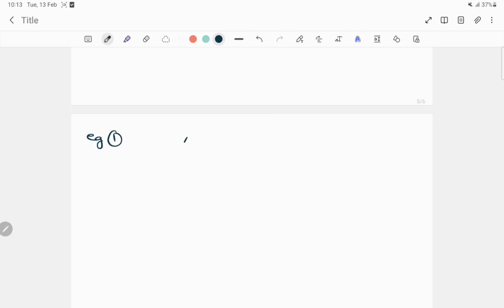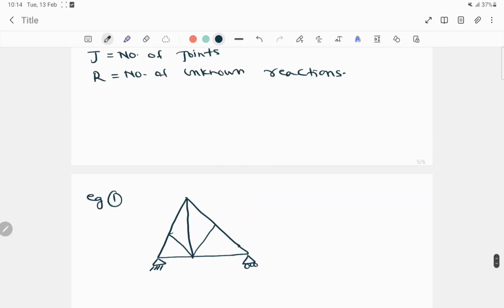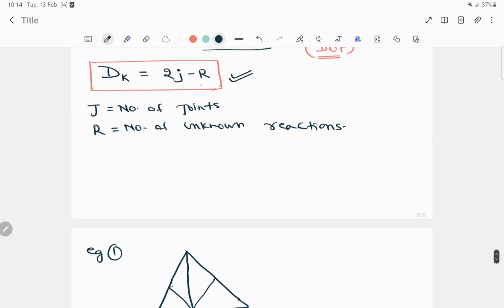This is a truss. Here one end is a hinge support and the other end is a roller support. So the figure is like this for a truss. Now we have the formula with us, dk is equal to 2j minus r.